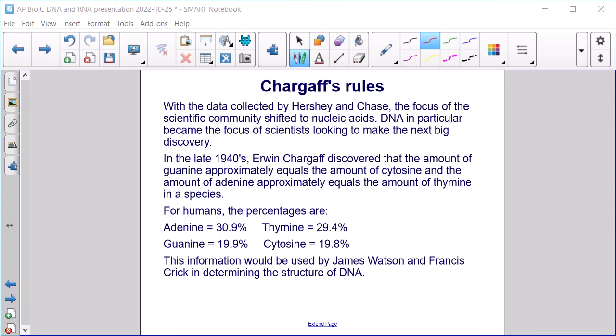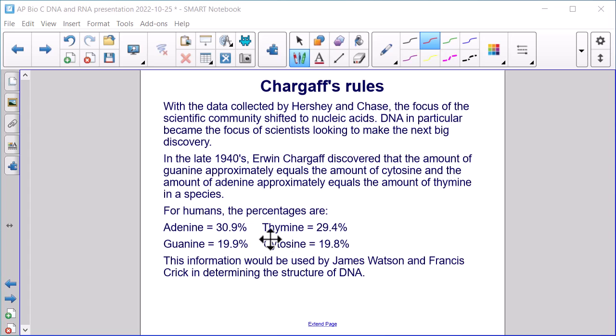Chargaff's rules. With the data collected by Hershey and Chase, the focus of the scientific community shifted to nucleic acids. DNA in particular became the focus of scientists looking to make the next big discovery. In the late 1940s, Erwin Chargaff discovered that the amount of guanine approximately equals the amount of cytosine.